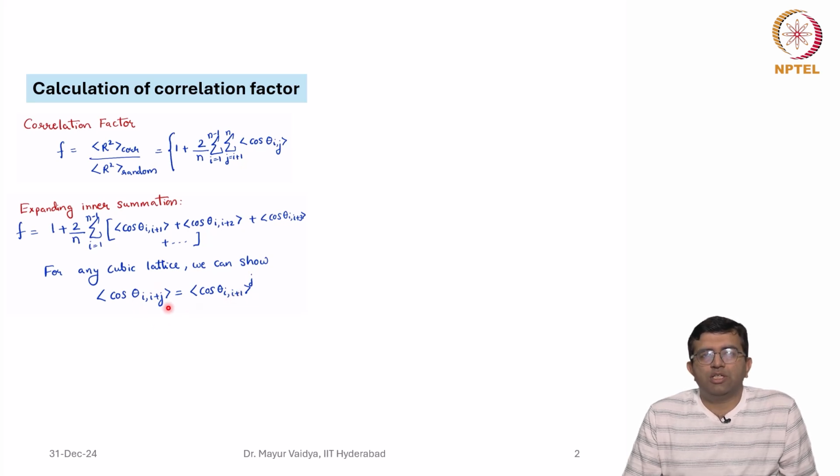What the relation says is that if you want to evaluate the average of cos theta between ith jump and i plus jth jump, then you can simply evaluate the average of cos theta for i and i plus 1 jump and just raise it to the power j. This is a very important relation which simplifies this expression. But for now, we will try to see if we can prove it at least for a simple cubic lattice.